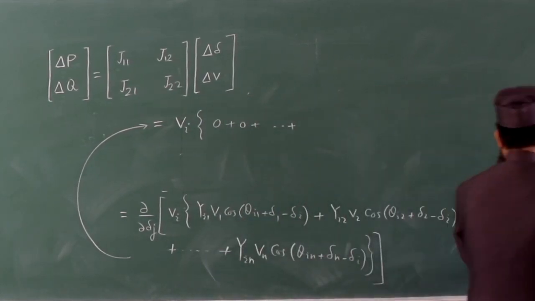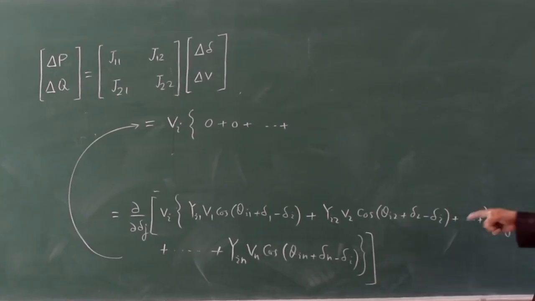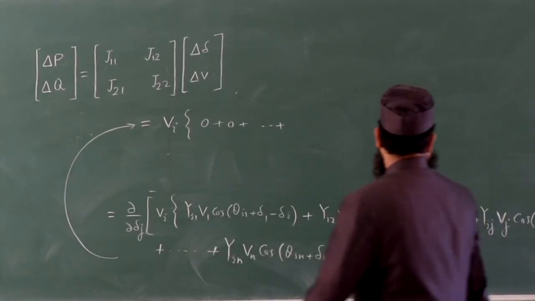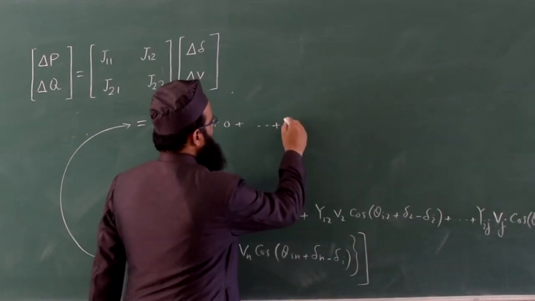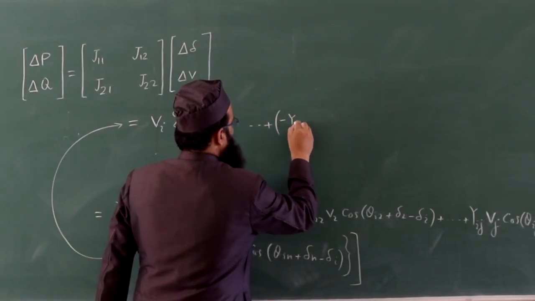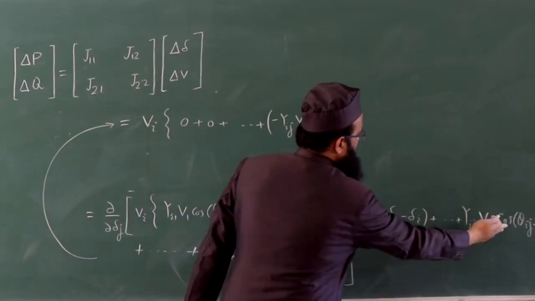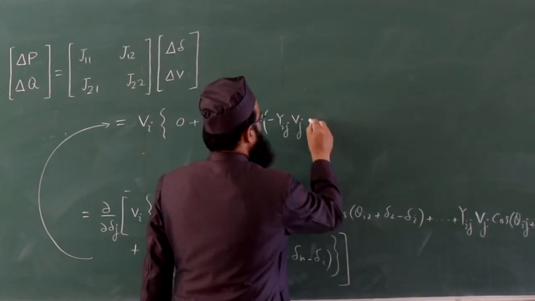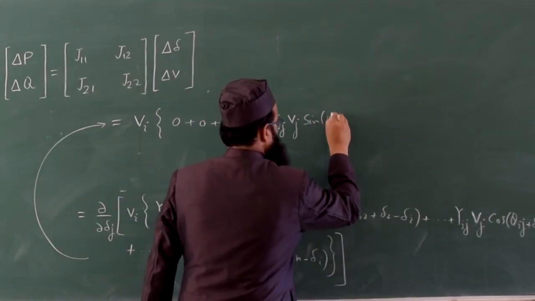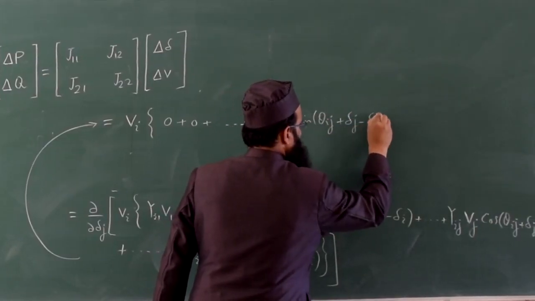So here we are having delta j and the cosine with a minus sign. So a minus sign will be there. Directly we can write in the bracket minus Yij Vj, and taking the derivative of the cosine we get sine of theta ij plus delta j minus delta i.